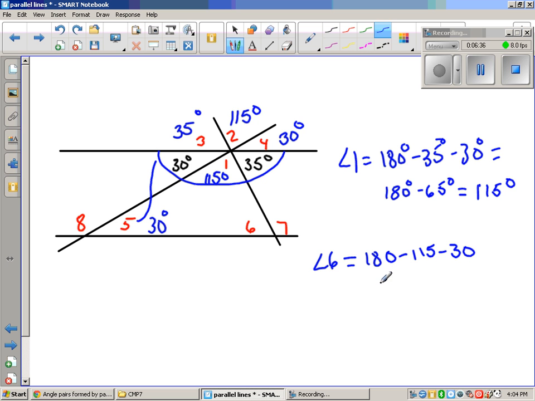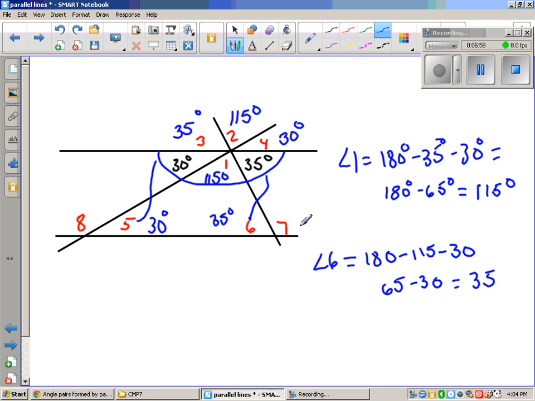That's probably the easiest way to do it. So it is equal to 65 minus 30, which is equal to 35 degrees. Or you can say it's alternate interior from the 35-degree angle.